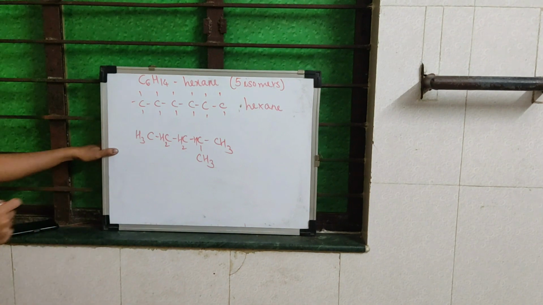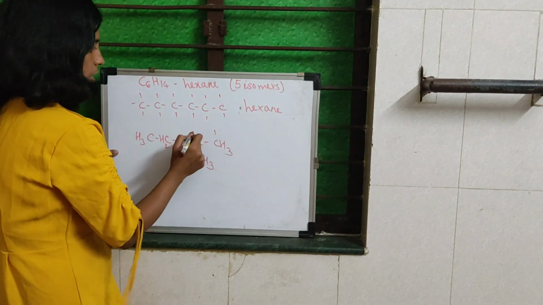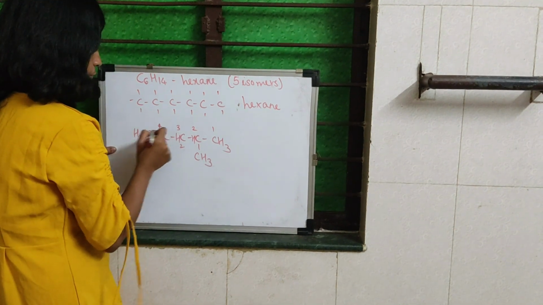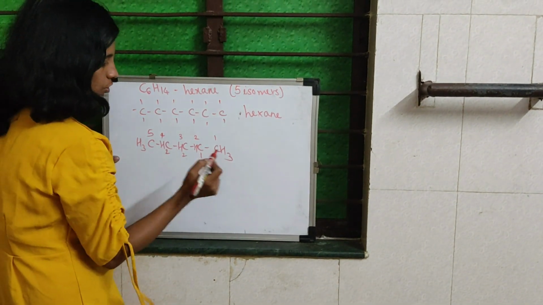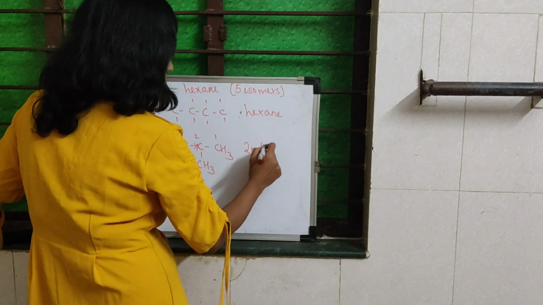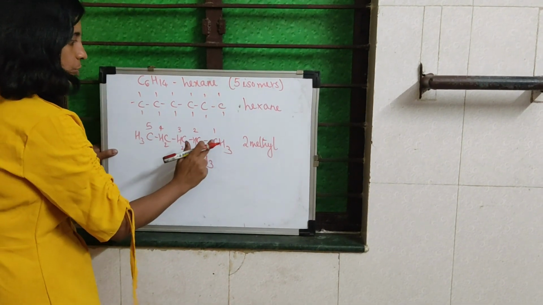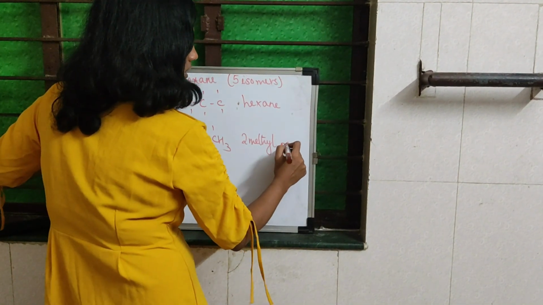Here 1, 2, 3. So there's 1 H. Okay. Now what will it be named? Again positioning. 1, 2, 3, 4 and 5. So the methyl group is in the second position. 2-methyl, 1, 2, 3, 4 and 5. That means pentane.